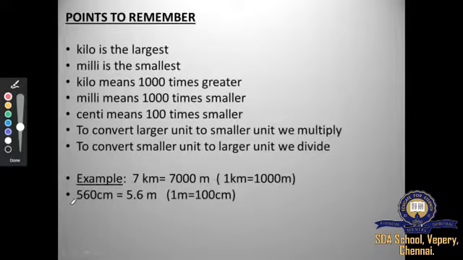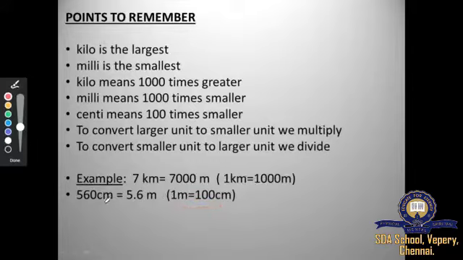When you see the second example, 560 centimeter is equal to 5.6 meter. Here we are converting centimeter to meter, that is, we are converting a smaller unit to a larger unit. 1 meter is equal to 100 centimeter.